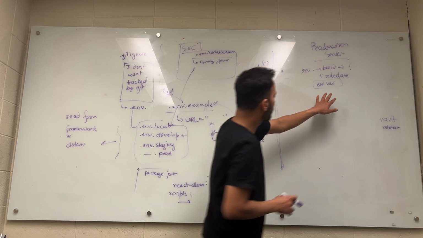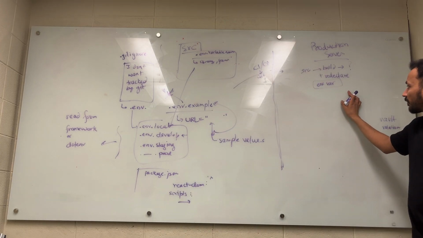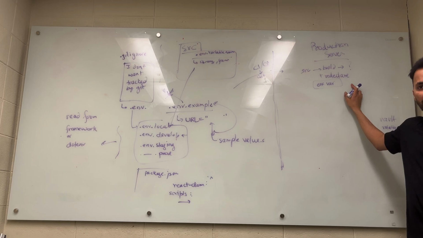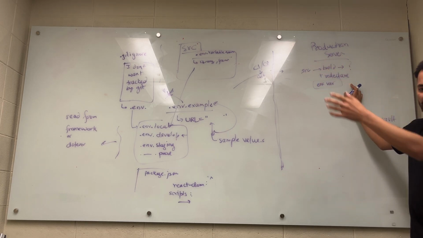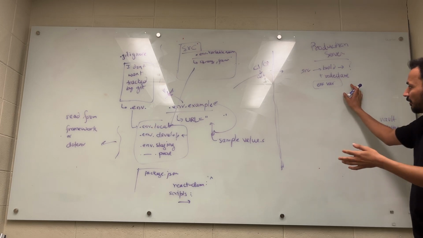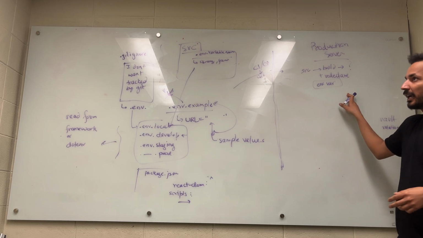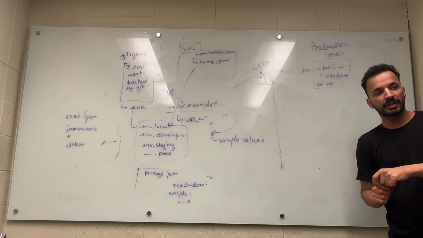Now these environment variables, normally you add them directly in the interface of whatever production platform you're using. In Vercel, it's just the normal user interface where you can add environment variables. I have worked with Vercel and Railway as my Postgres database.